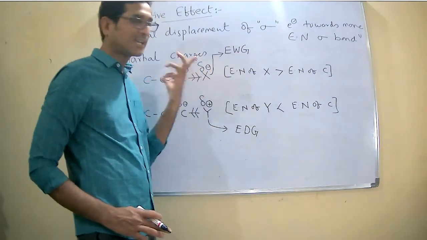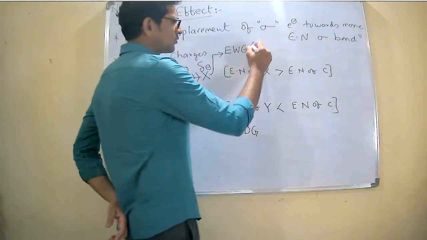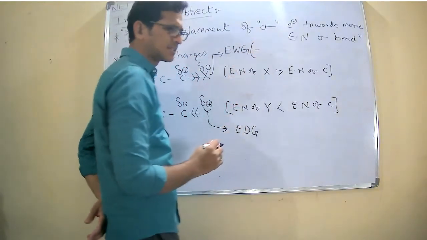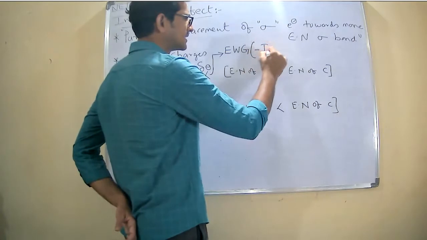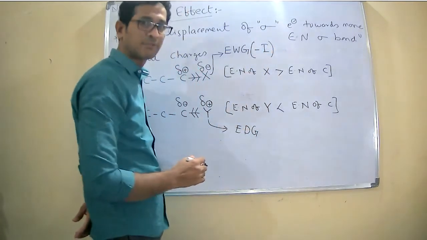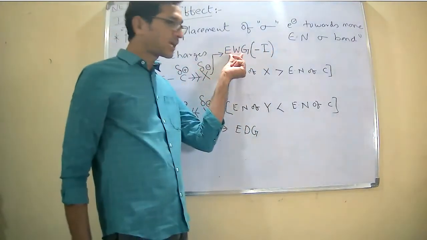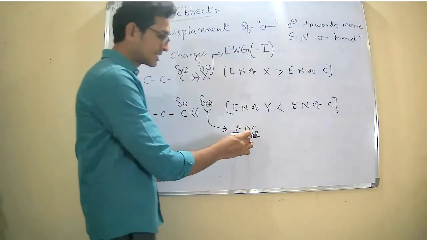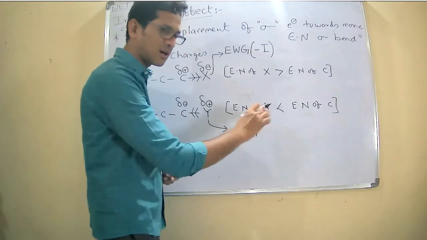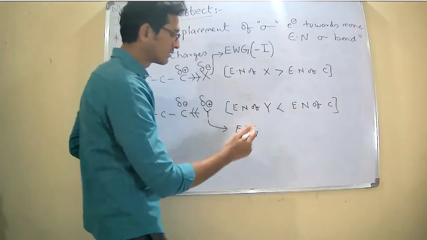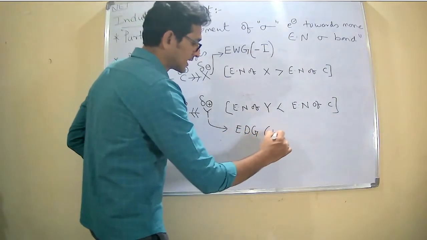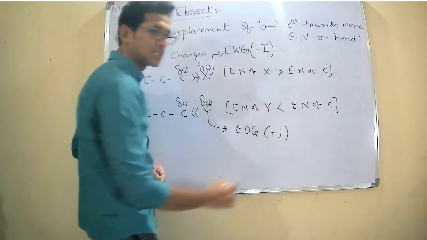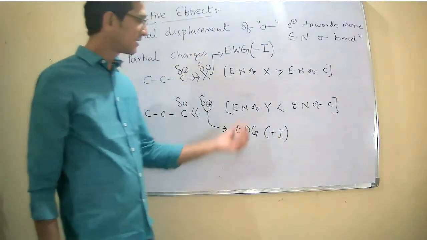This withdraws electrons. Electron withdrawing group is indicated with the negative sign, and this is the minus I inductive effect. Electron withdrawing groups are classified as minus inductive effect, whereas electron donating groups or electron releasing groups, whatever it may be, can be considered as positive inductive effect.